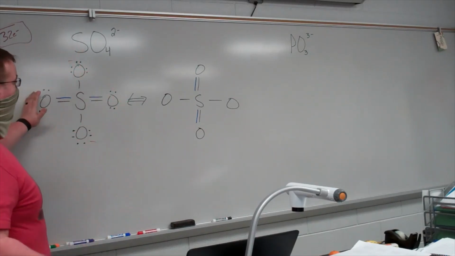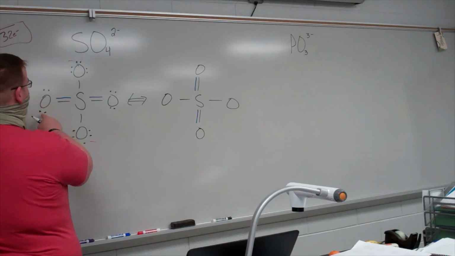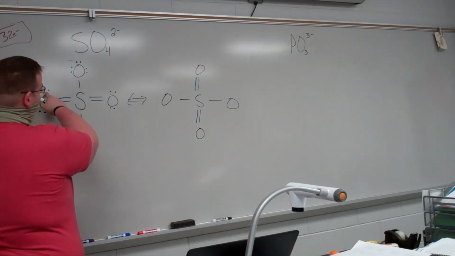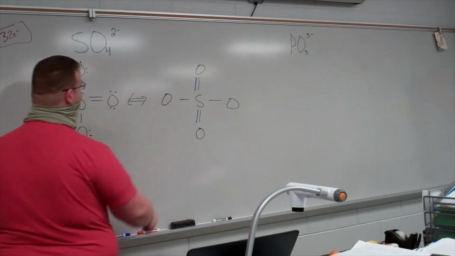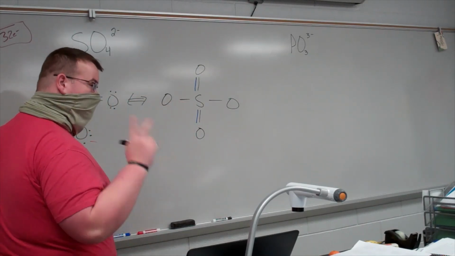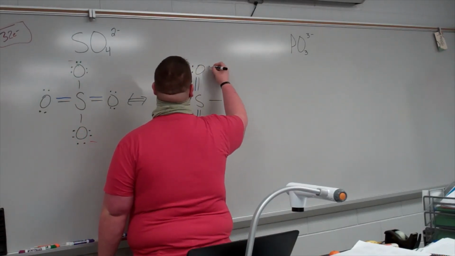But be careful. This oxygen that's sitting here is not going to get 2 lone pairs. This has a double bond. This does not. So the one with the double bond gets 2 lone pairs.